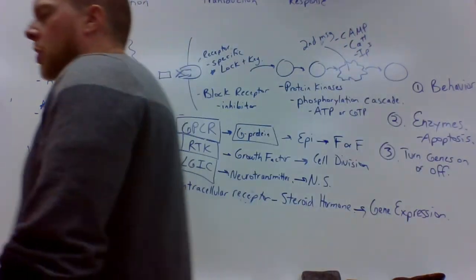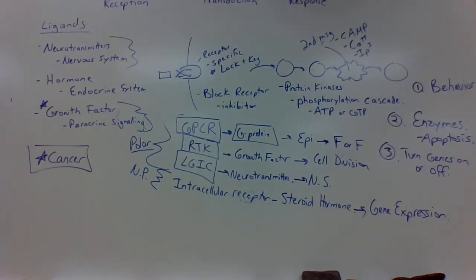Turning genes on or off is going to control our body's production of proteins. We know that proteins do everything. We talked specifically about steroid hormones like testosterone and estrogen turning our genes on or off, controlling the production of proteins in the body. This is everything on cell behavior.